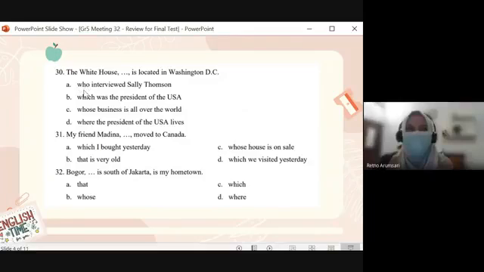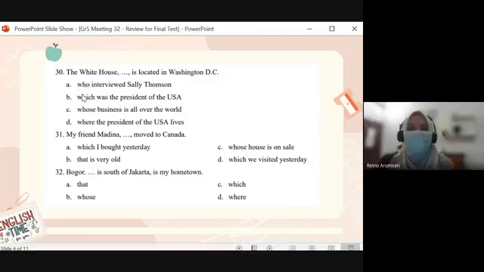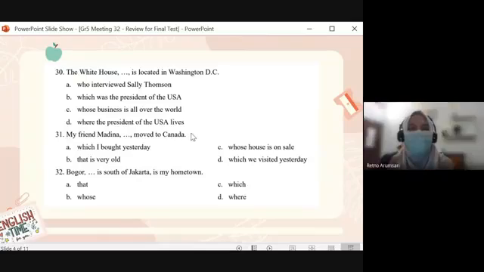Can I use B? No, of course not. The White House was not the president of the USA. Can I use C? No, because the White House is not a business, and the answer is D.